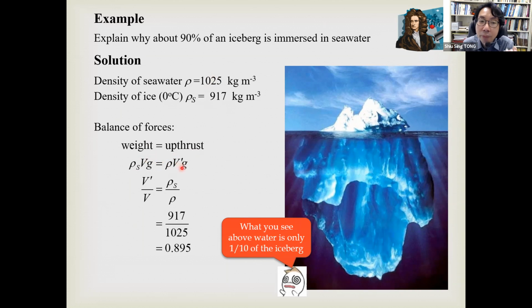V prime multiplied by G. So that means V prime over V is rho S over rho. And the density ratio, when I put in these two numbers, I get 0.985, which is about 0.9. So that means only 10% of the iceberg is above water. Okay, one tenth of the iceberg is above water. The rest, 90%, is below water.